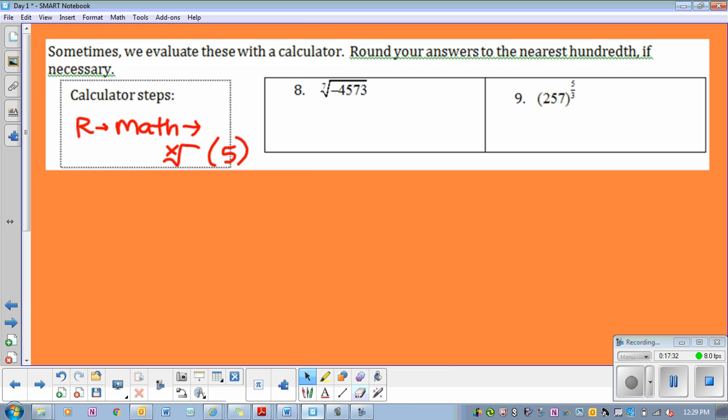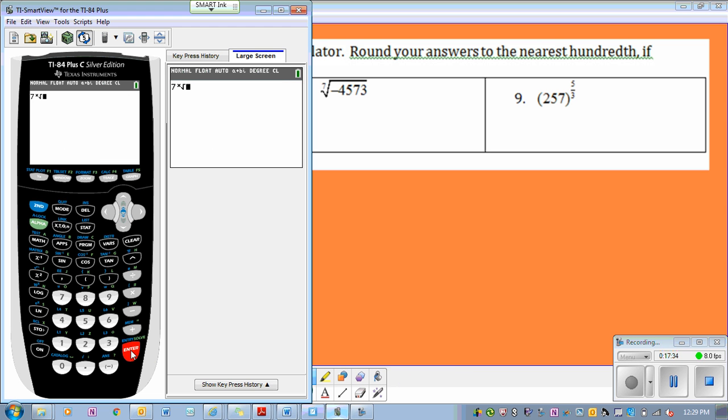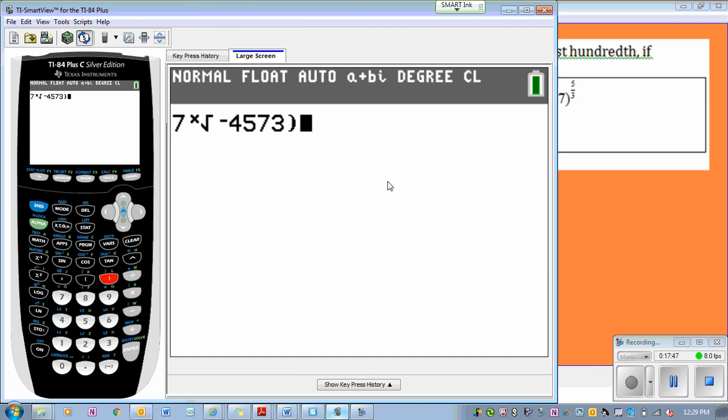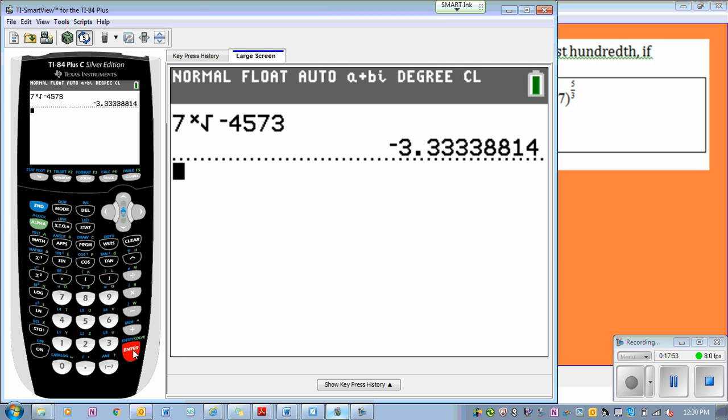There we go. Sorry about that. And then it's negative 4,573. Parentheses, sure. Or you could not, because mine doesn't have it. Okay. All right.